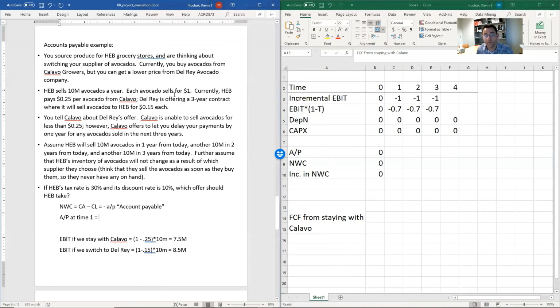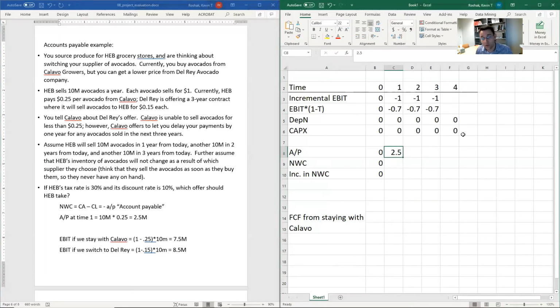We should be paying Calavo 25 cents for 10 million avocados. But we're not going to do that because they offer us this sweet deal to delay payments. So we have 10 million avocados times the 25 cents that we owe. That works out to $2.5 million in accounts payable at time 1. Okay.